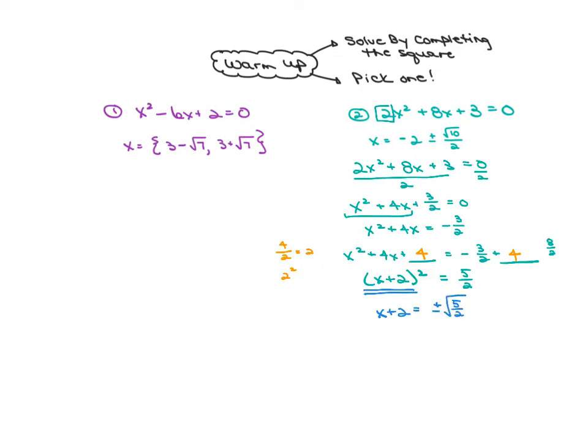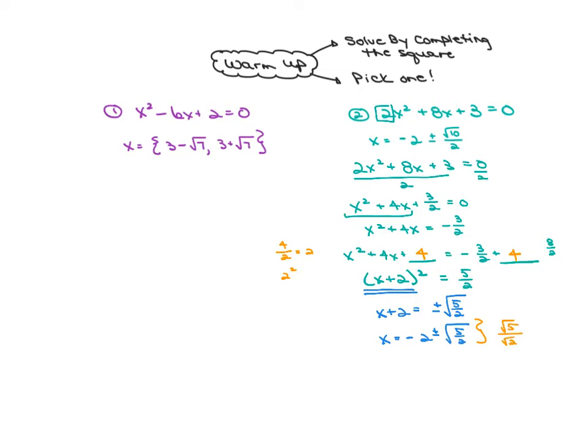And then I'm going to subtract 2 from both sides. So it's the same as adding -2 to both sides. And at this point now, my last step is to simplify this radical. As a reminder, we're going to distribute the radical, so square root of 5 over the square root of 2.